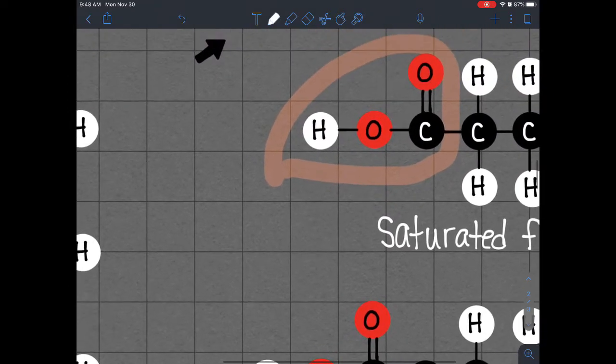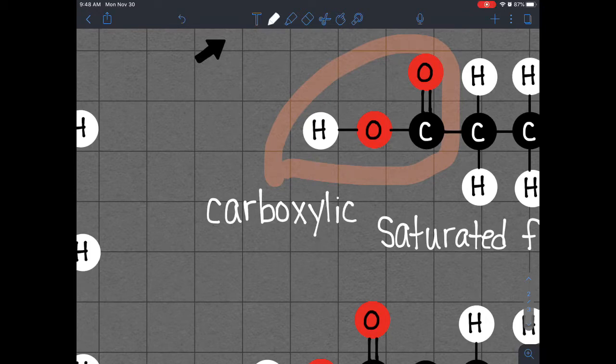I'm going to write out that name because it isn't something we have looked at yet: carboxylic acid. I always shorten that and say just carboxyl functional group, but the formal official name is carboxylic acid.